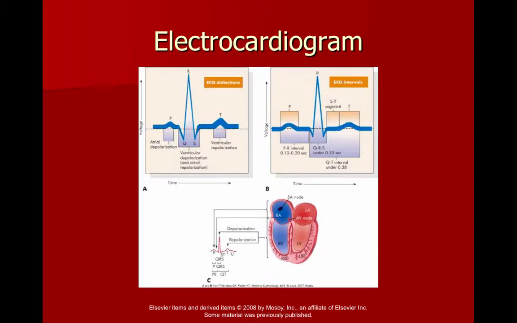Okay, so please review. Now we just explained what depolarization is, and you do need to have these memorized. You need to know for each wave what's happening in the heart. So the atrial depolarization. And again, this is talking about the electricity of the heart.